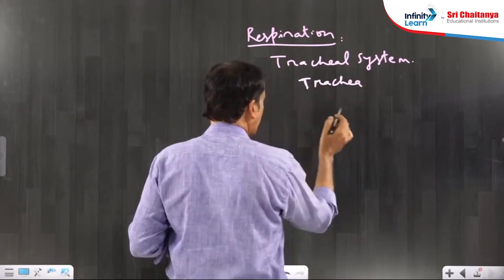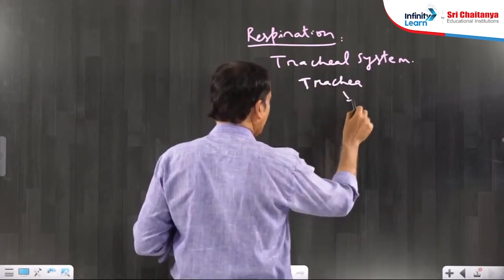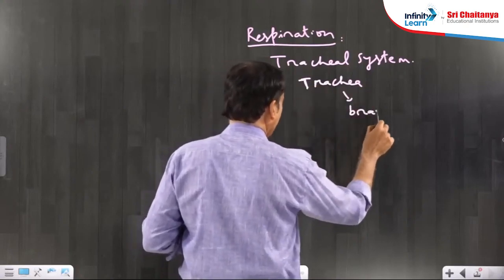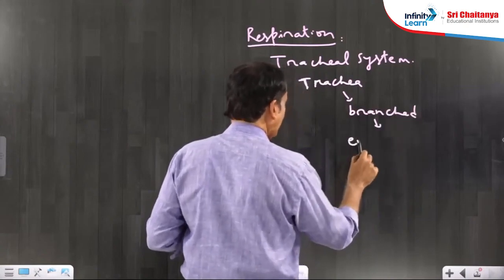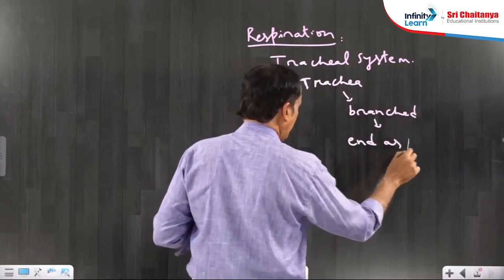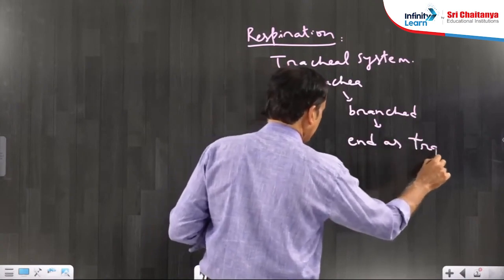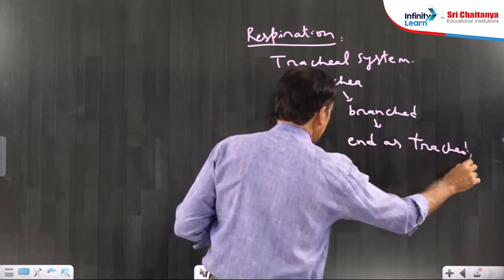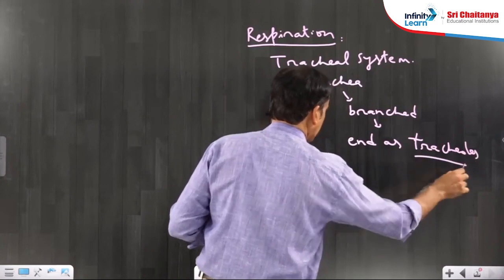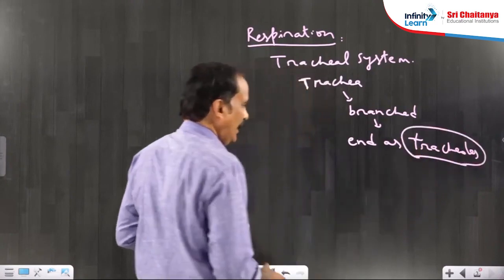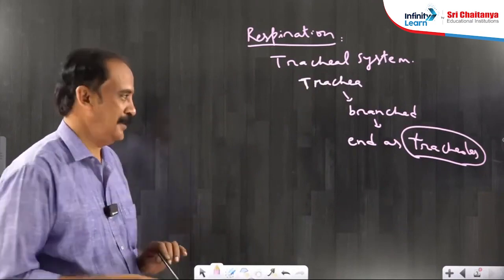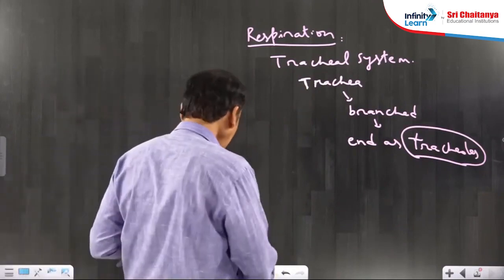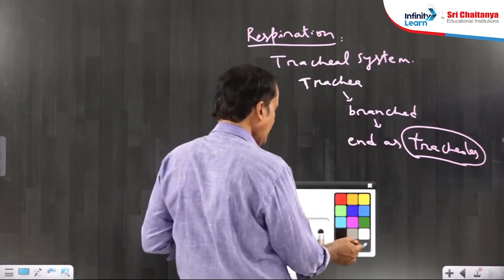Trachea are tubes which branch, and the branches finally end in small tubes named tracheoles. These tracheoles are intracellular.